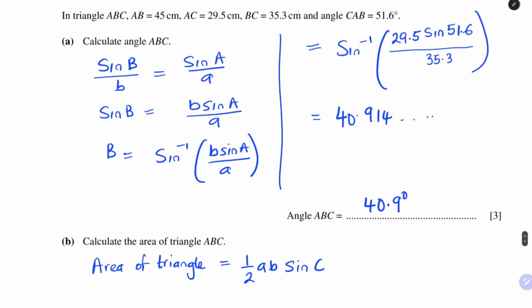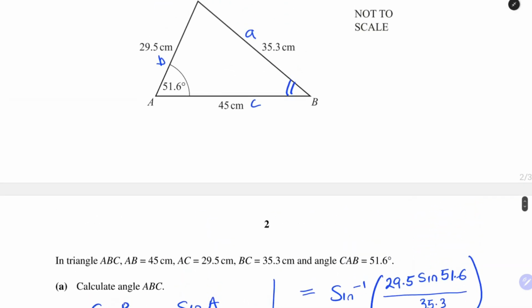What they mean is that you need the product of two sides and the sine of their included angle. The area of the triangle is half the product of two sides and the sine of their included angle. What do we mean by the included angle?